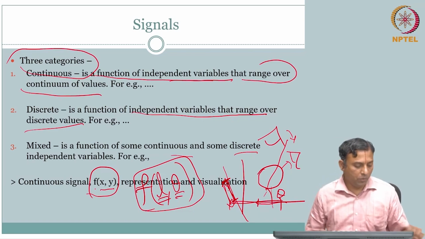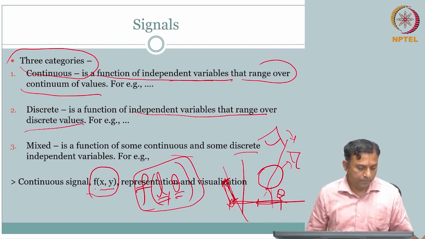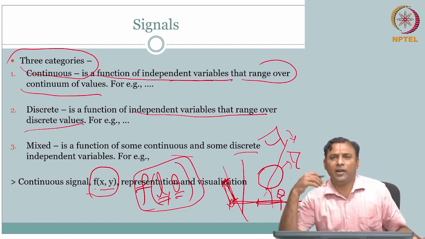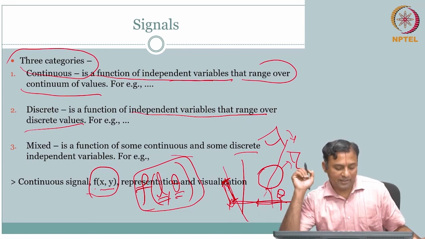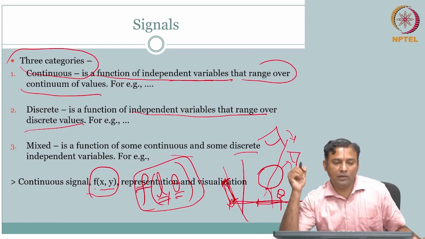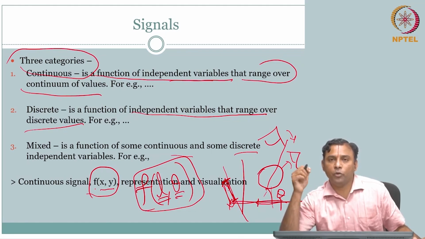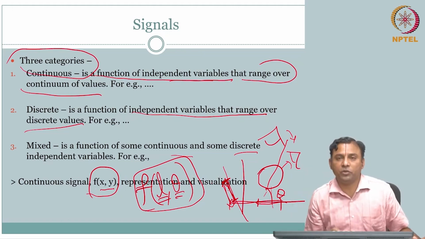Okay, so simple things. Again, 1D you probably know, right? I mean, you should know. For example, let's take any simple one-dimensional function and see how you plot it. How do you represent it or visualize it?